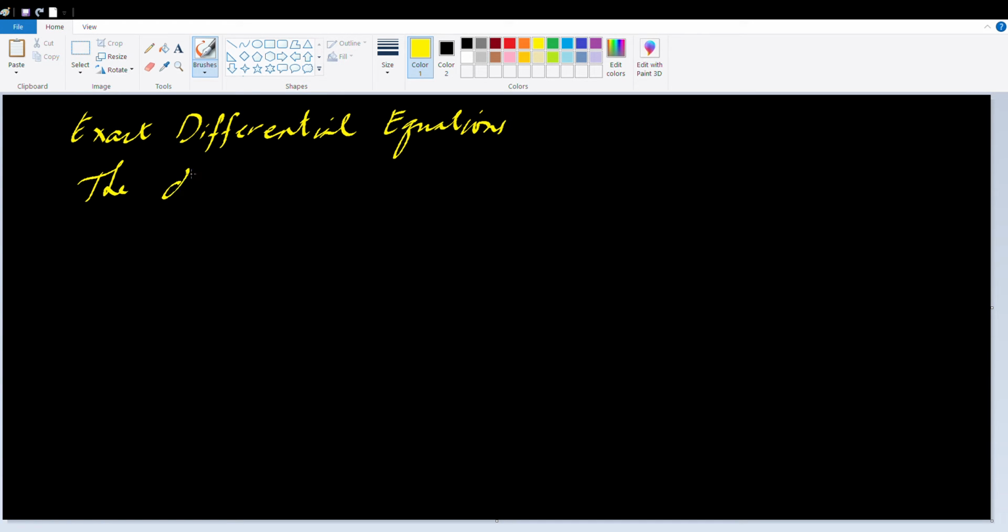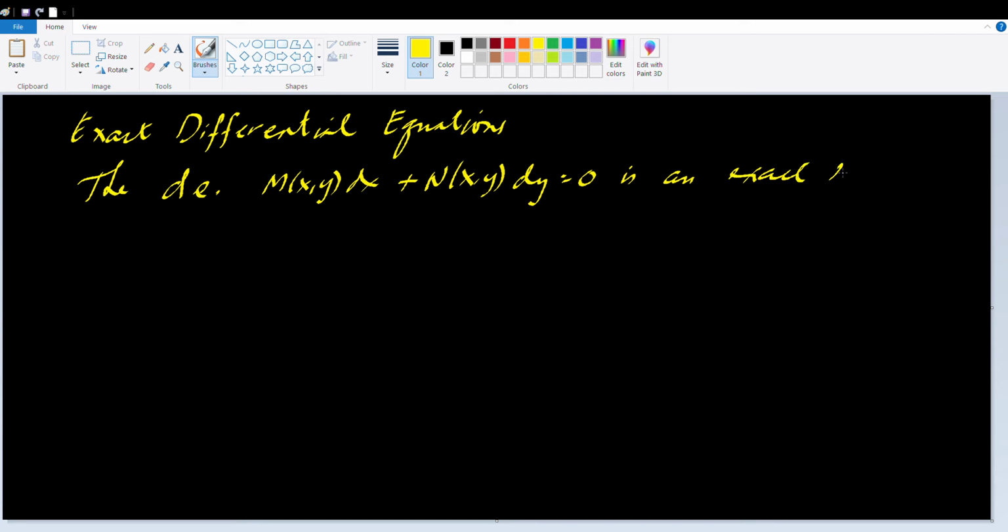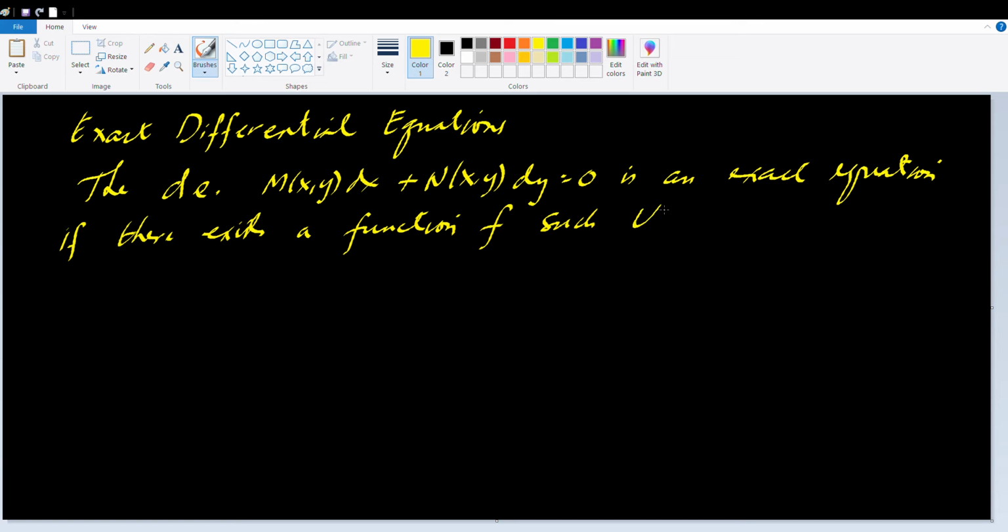The differential equation M(x,y) dx plus N(x,y) dy equal to 0 is an exact equation if there exists a function f such that the differential of f is equal to M(x,y) dx plus N(x,y) dy.